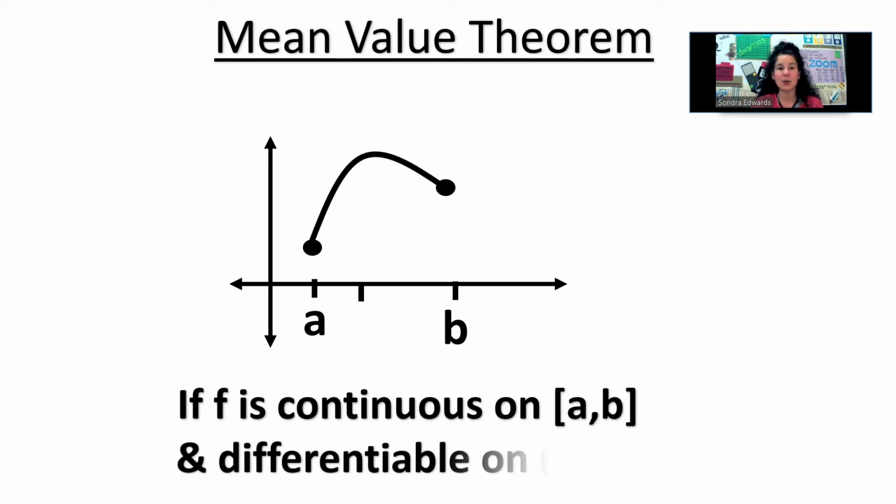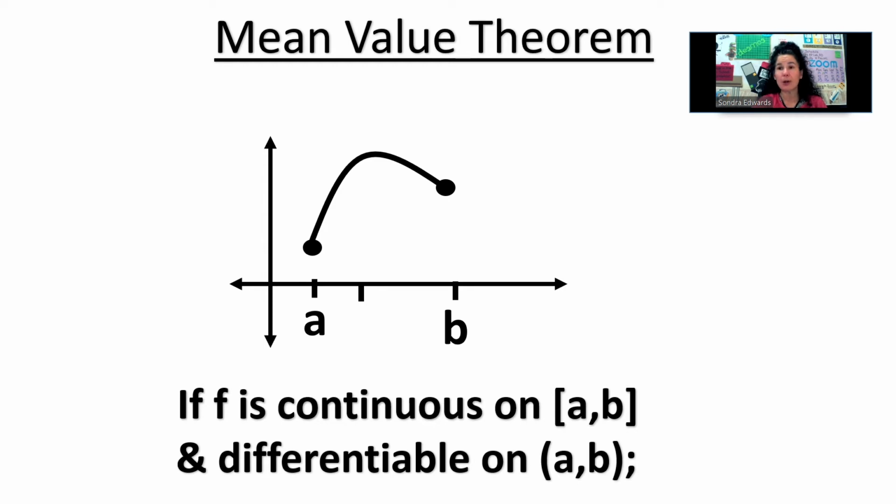Okay, if we continue reading, it says, and differentiable on the open interval A to B. Now, the reason it can't be differentiable on the closed interval is because differentiable means you can find the slope of the tangent line, and you cannot find the slope of the tangent line at an endpoint, right? It's going to teeter there, so the derivative never exists at an endpoint.